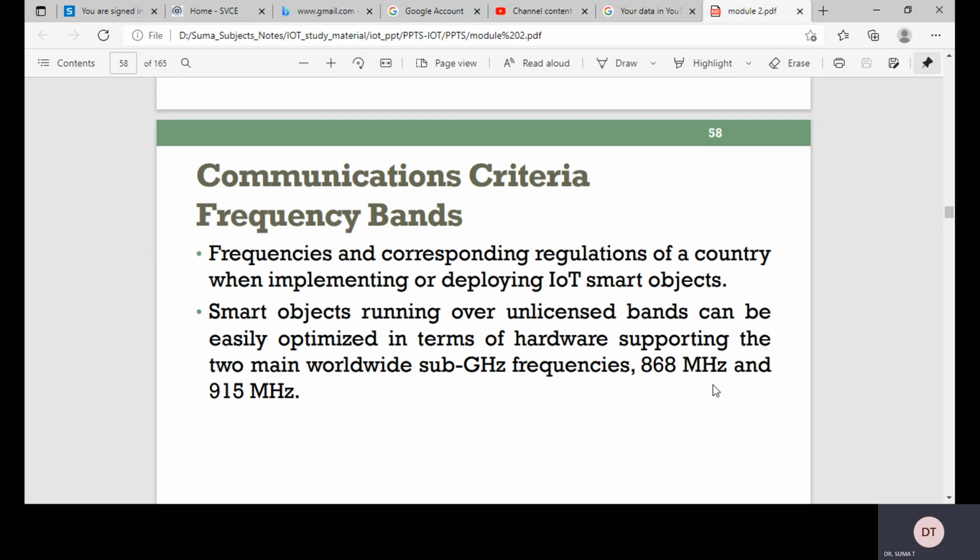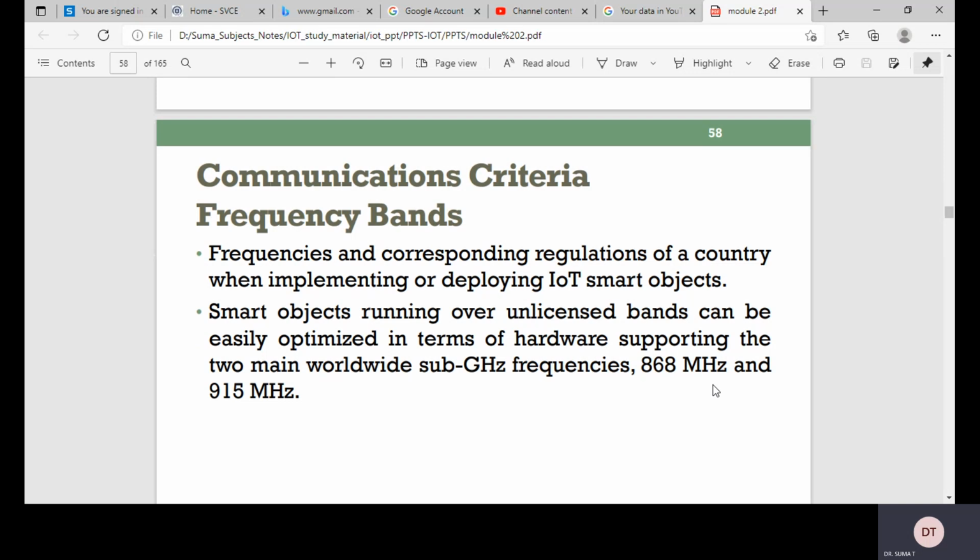The ITU has also defined an unlicensed spectrum for the industrial, scientific and medical portion of the radio bands. These frequencies are used in many communications technologies for short-range devices.